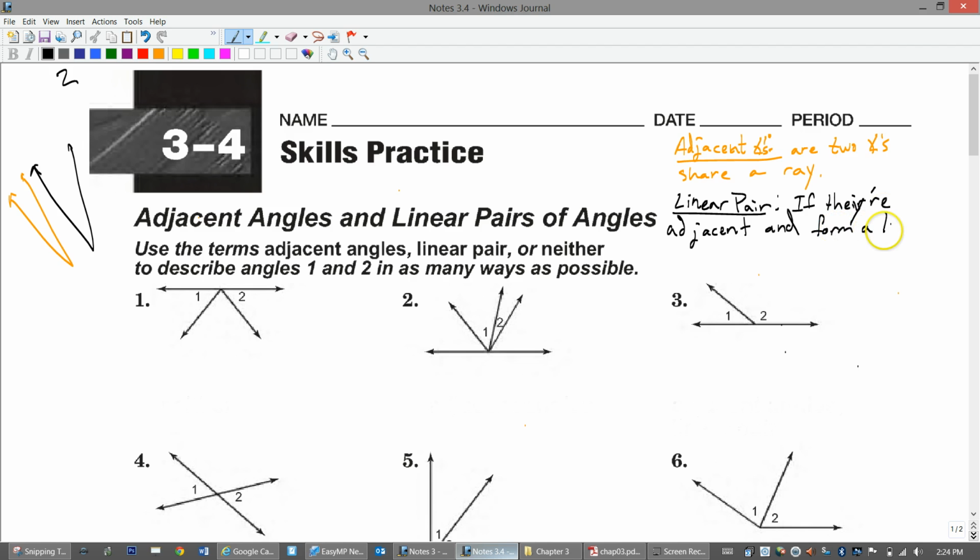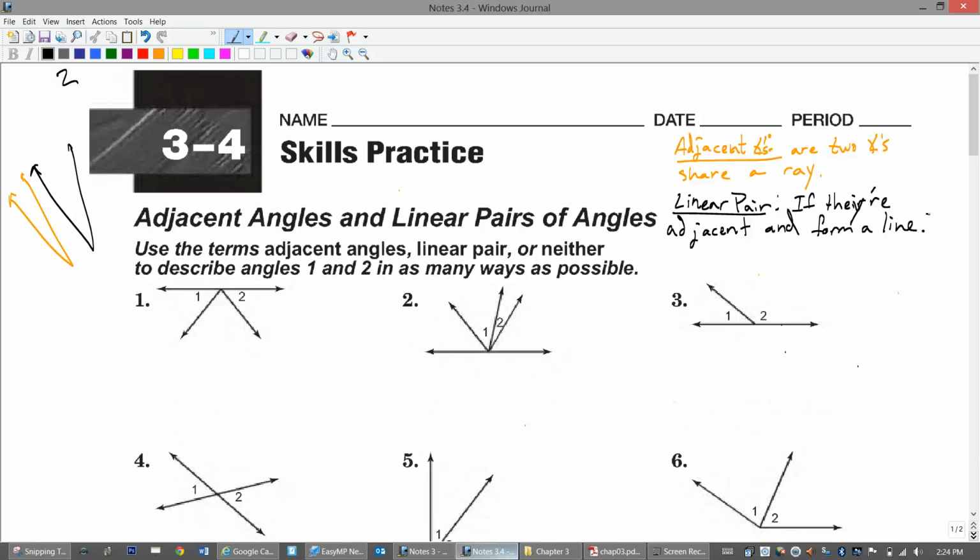There's a more specific definition, but we can just do it that way. They have to be adjacent, though, to be a linear pair. If they are not adjacent, they cannot be a linear pair at all. Even if they form a line, they still cannot be a linear pair if they're not adjacent. So adjacent first, then linear pair.